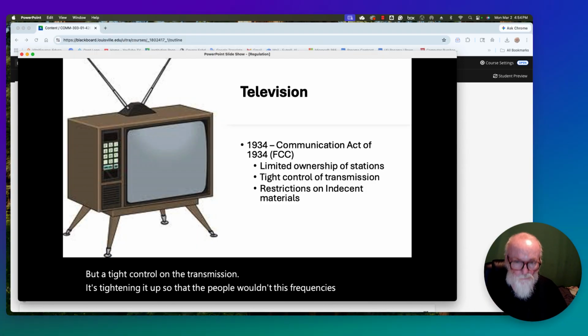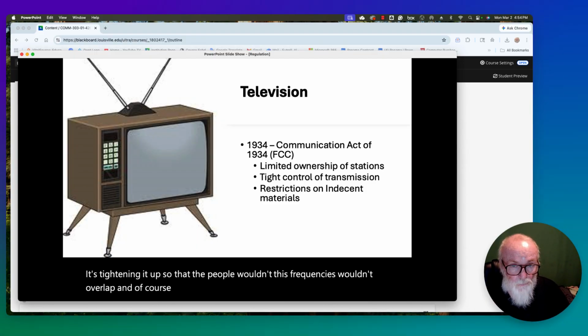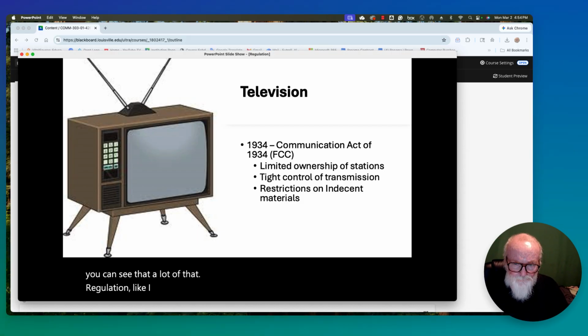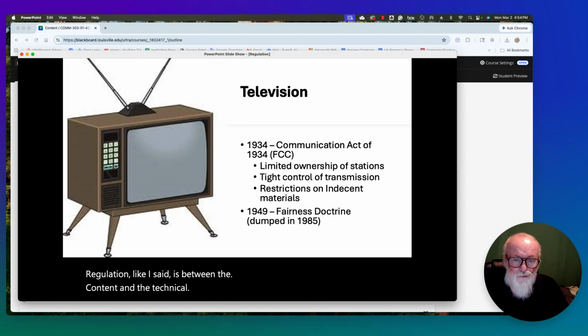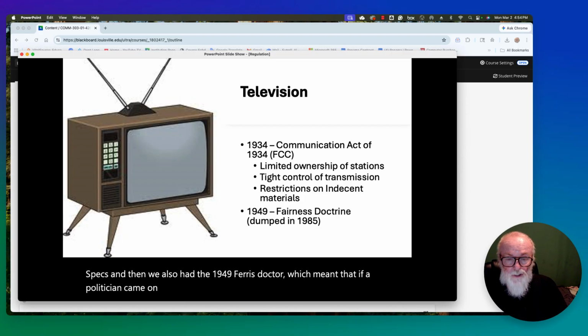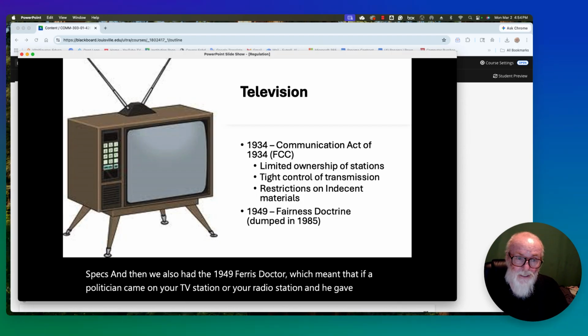And of course, there were restrictions on indecent materials. So you can see that a lot of that regulation, like I said, is between the content and the technical specs. And then we also had the 1949 Fairness Doctrine, which meant that if a politician came on your TV station or your radio station and he gave a speech, you had to give his opponent equal time.